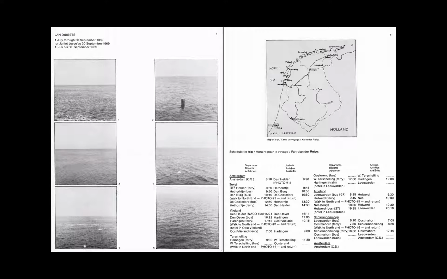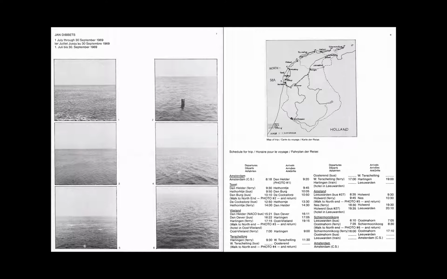In order to make this trip, one had to exactly follow the schedule included in the catalogue, and it contained not only information about departure times and instructions, but also instructions for taking photographs at six sites along the route. Dibbets understood these photographs of the sea as visual bridges connecting the islands to each other with visual links.